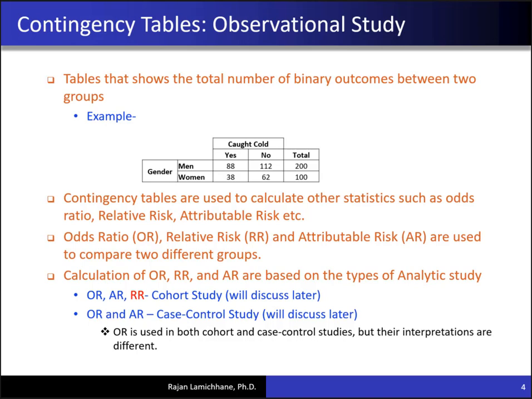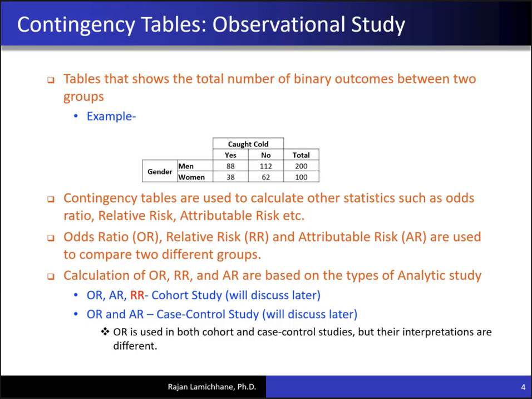We can use this contingency table to calculate other risk quantifying tools such as relative risk, attributable risk, or the odds ratio. All these tools are used to quantify the risk, and they are used to compare between two or more groups. What you want to calculate, whether odds ratio, relative risk, or attributable risk, is based on what kind of study you are doing.